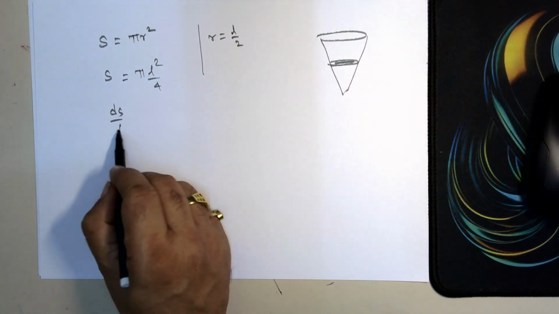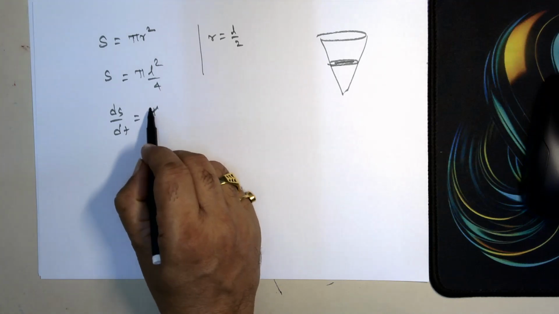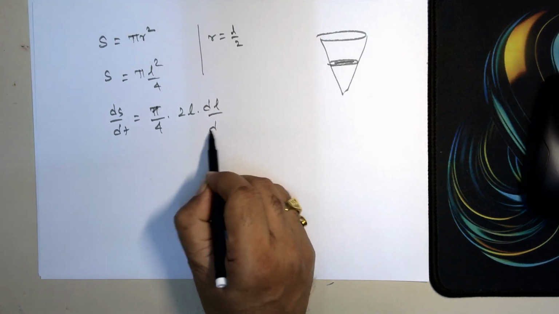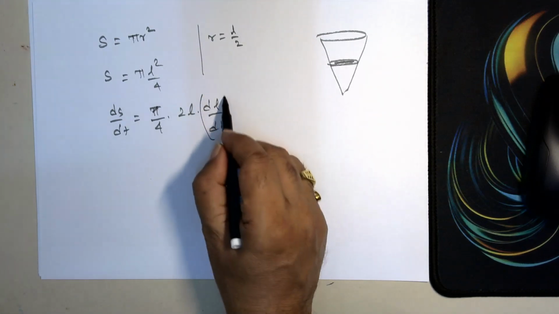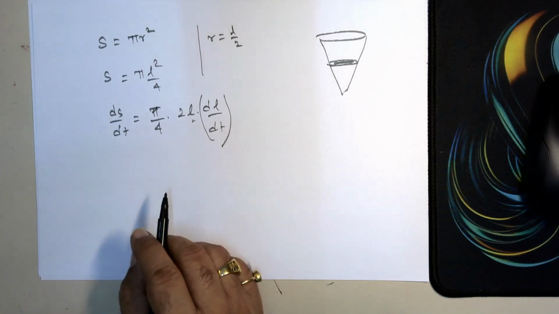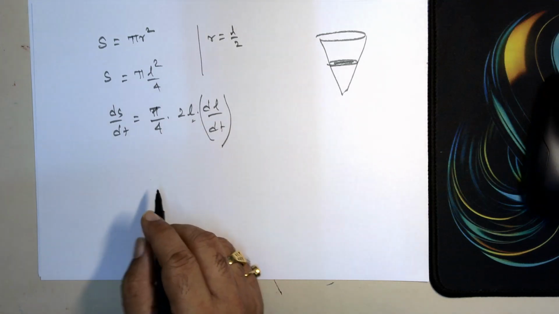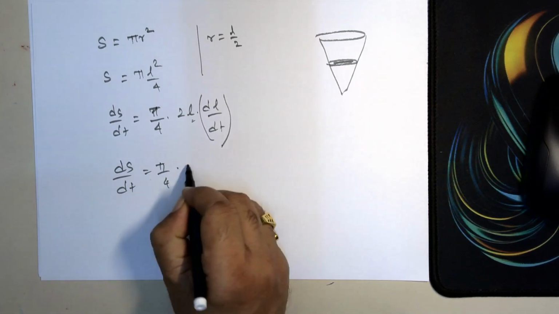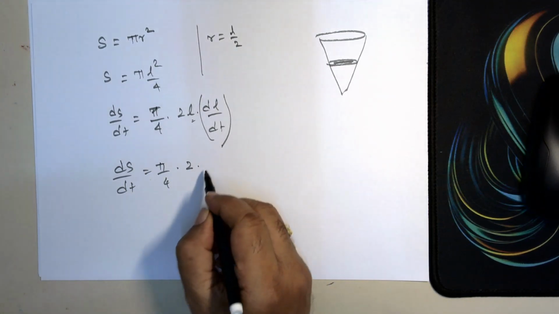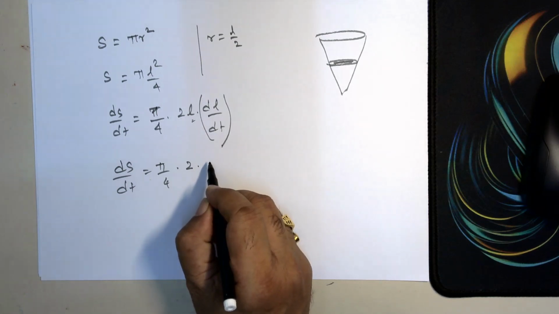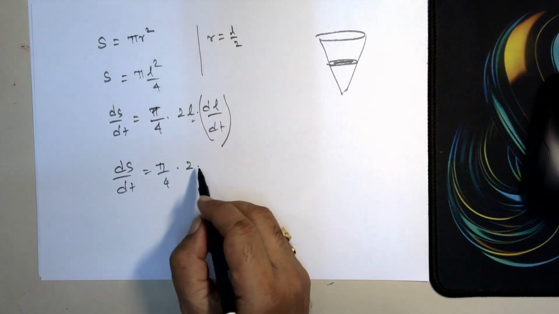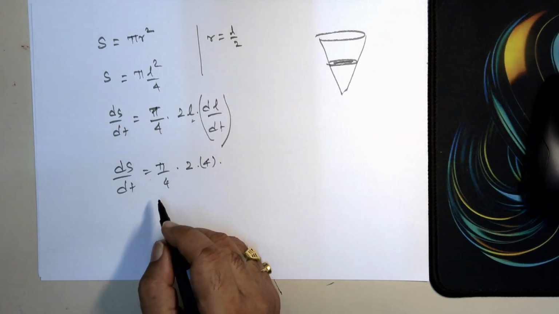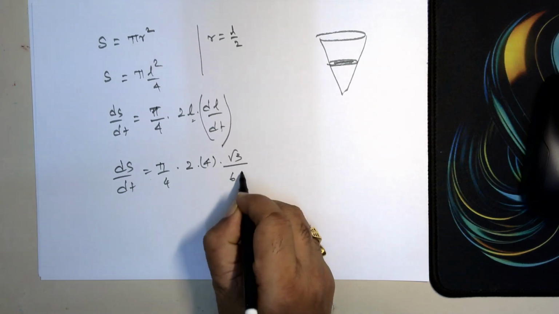Now you can put dS by dt, pi by 4 into 2L into dL by dt. So we have got already this dL by dt value. And what is the L value? 4. So the area changing will be pi by 4 into 2 into 4, and then dL by dt is root 3 by 6 pi.